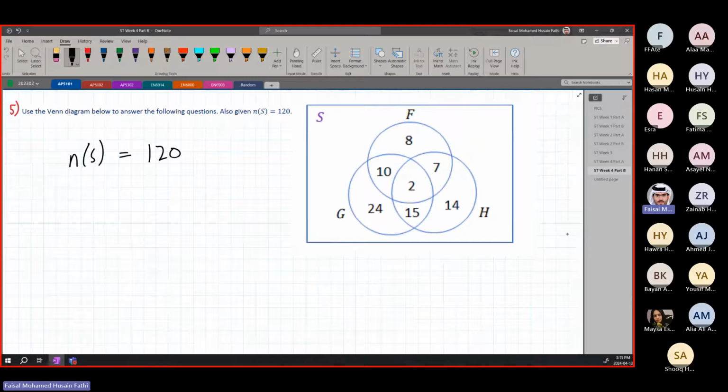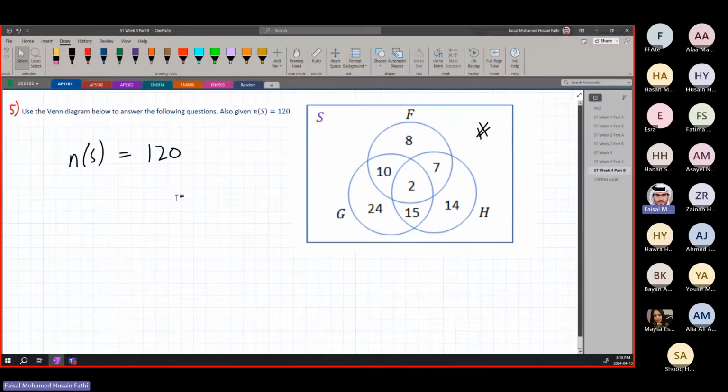Because if you notice, they didn't give you whatever is in the outside area. There should be a specific number outside, but they didn't give you this. So it is given that the sample space here is 120 in total. If you add all of these up, let's just see. So it's 8 plus 10 plus 2 plus 7 plus 24 plus 15 plus 14.